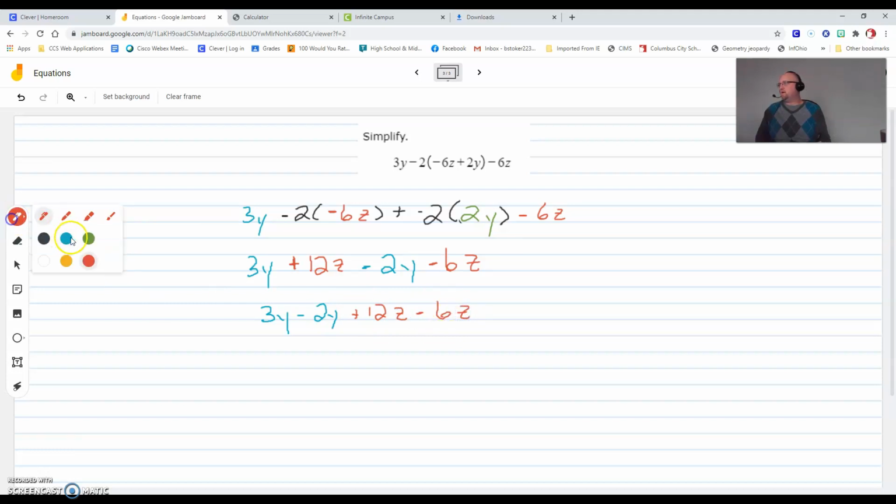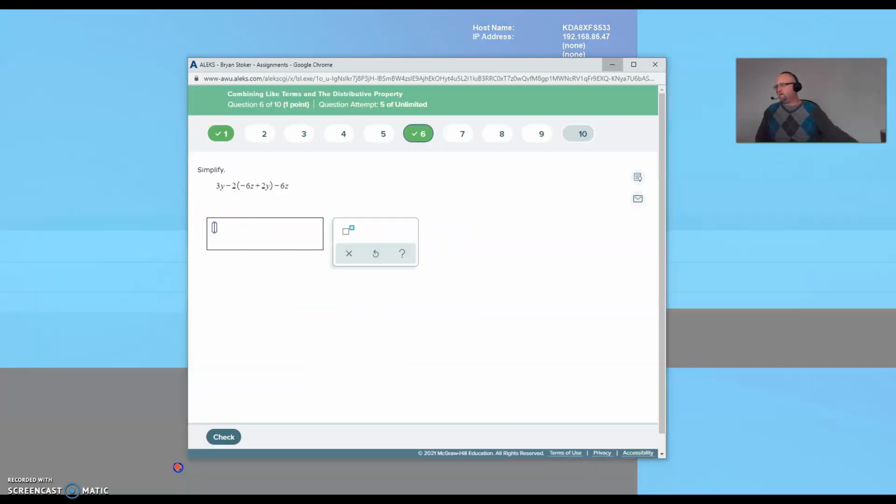And then I just combine. And for my final answer, 3 minus 2 is 1y. So I'm just going to write that single y. Don't need to write the 1 in front of it. And then 12 minus 6 is going to give me plus 6z, right? Because a positive 12 minus 6 is a positive 6. So there's that. And if I did it right, it should be y plus 6z for my answer.